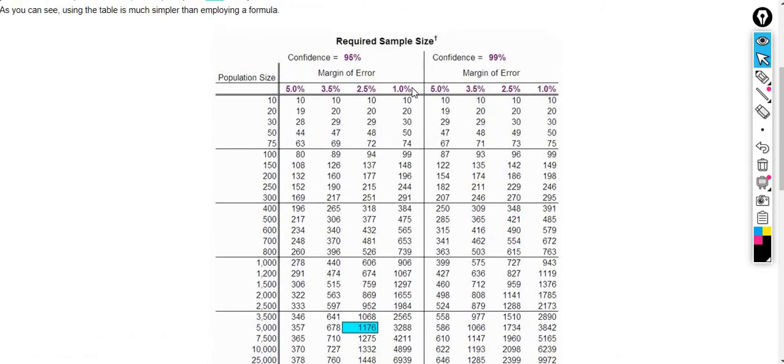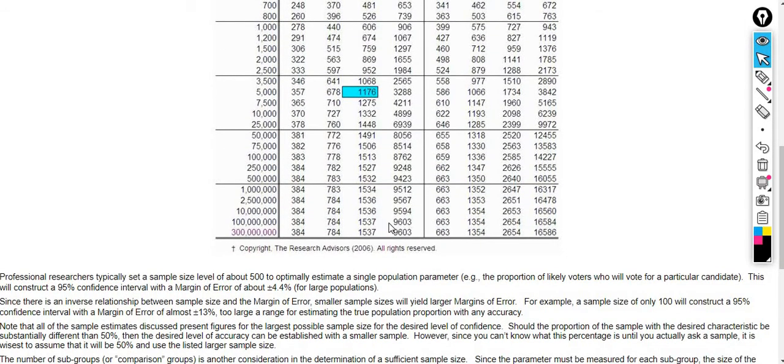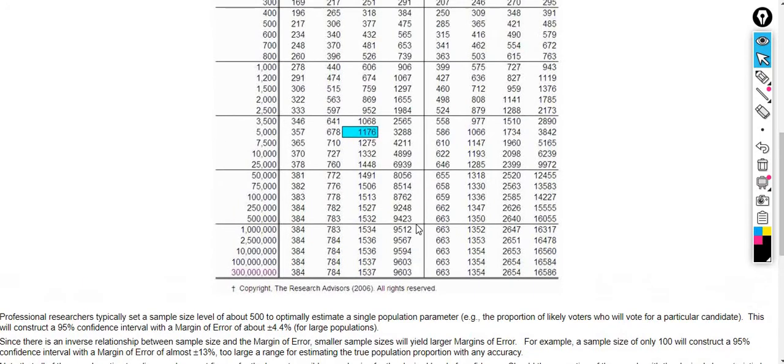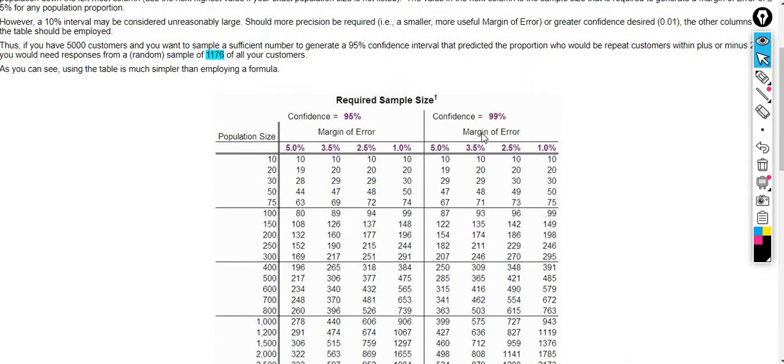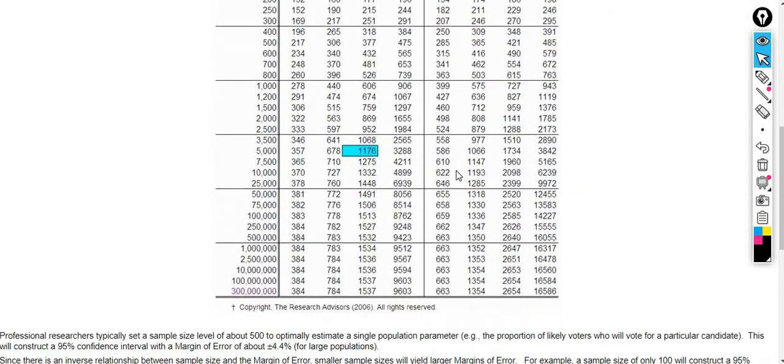Same here, if we only allow ourselves 1% margin of error for our survey results, but we are 95% sure that our survey results will be consistent, take a look. We would need just more or less 1,000 people, 9,630 to be exact. If we raise our confidence level to 99% and we allow ourselves 5% margin of error, then it would be 663, even though we are already at 300 million people.